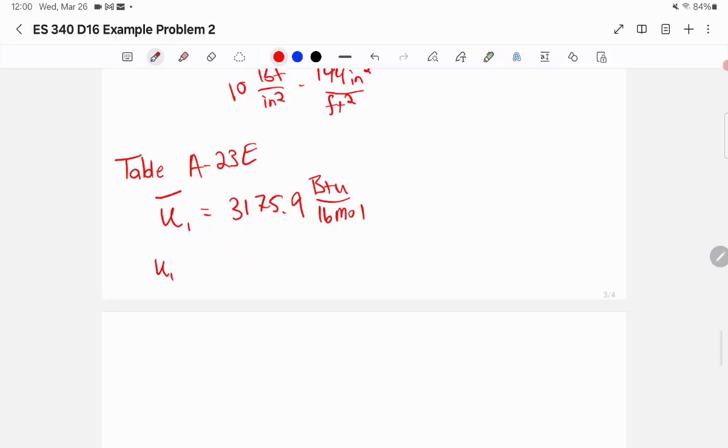So that means U1 is going to be equal to U1 bar over capital M. So that's going to be 3175.9 BTU per pound mole divided by 28.01 pound per pound mole.